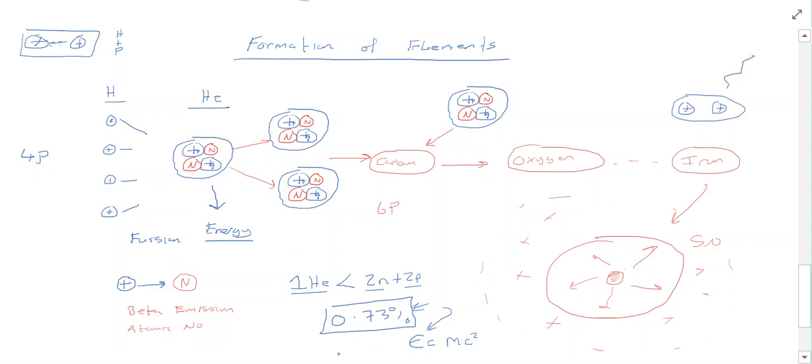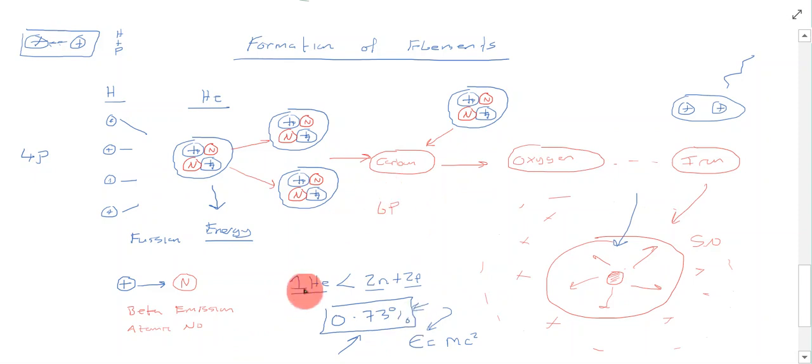If you take the mass of an iron atom and look at the mass of the individual components that make up the iron atom, there's going to be no difference. So fusion stops with iron, you don't get any more fusion happening, and as a result you get these explosions and these elements being released.